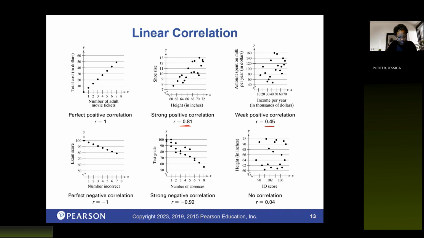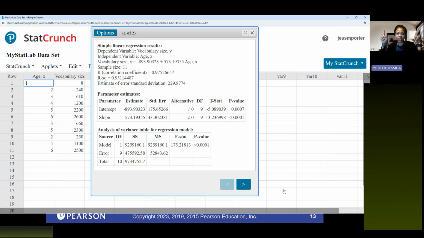So let's look at our StatCrunch results. This is why I took you to Regression, Simple Linear, because the correlation coefficient is here.